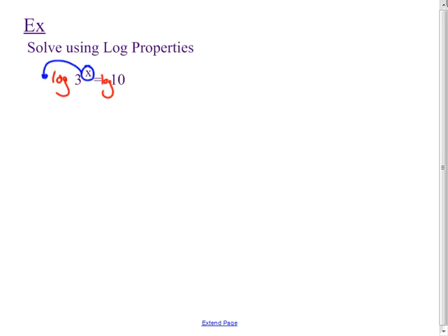So I logged both sides. Legitimately can do that. Then that exponent comes down in front. So rewriting this, it's x times the log of 3 equals the log of 10.